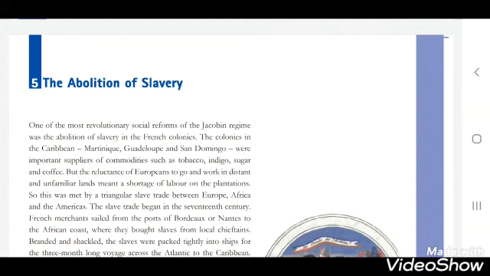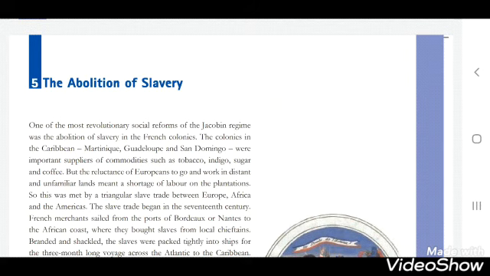Now, when there was a shortage of labor for plantation cultivation, a triangular slave trade started between Europe, Africa and America.